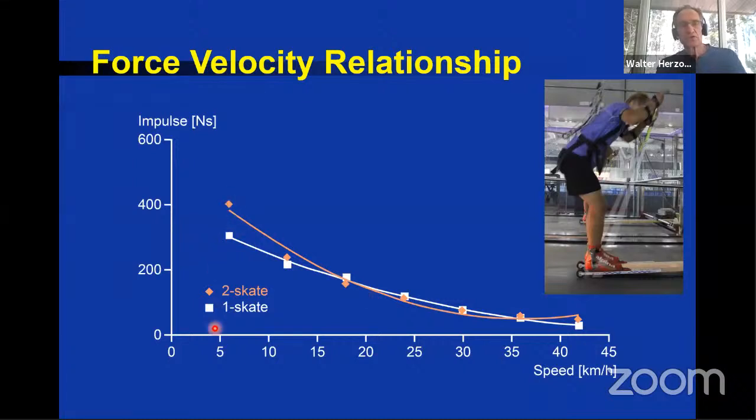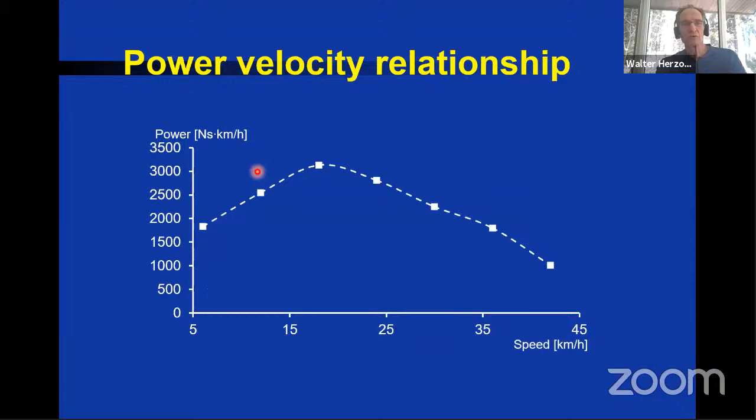And you see for these two different techniques, we get a similar curve that is slightly bent, very similar to what we would expect from the force-velocity relationship of an isolated muscle. If we now convert that into a power-velocity relationship for the one poling action, we see power here as a function of speed. And you see that again, we get a peak power output, instantaneous power output, very similar to what we see when we look at an isolated muscle.